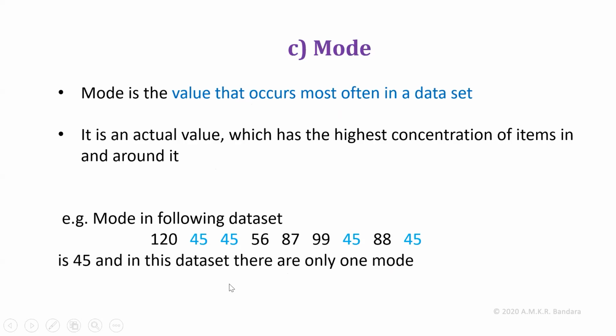Therefore, 45 is the mode of this data set. Sometimes a data set will not have a mode, and sometimes there may be 2 or 3 modes. Unlike the mean or median, the mode can have 2 or more values, or no mode.